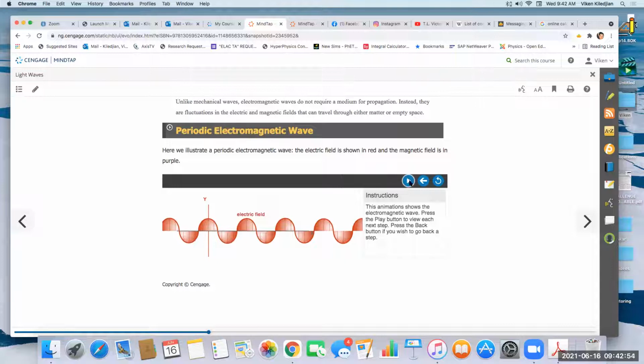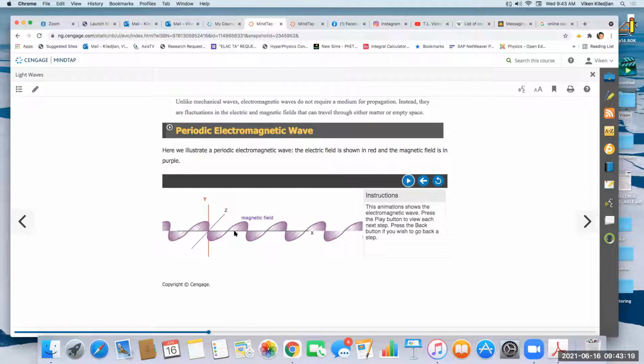And then now they're going to show the magnetic field. You see? And then the magnetic field is side to side, which still makes it perpendicular to the direction of travel. Think of this side to side as coming out of the screen. This is coming out of the screen. That part is going into the screen of the computer, you see?